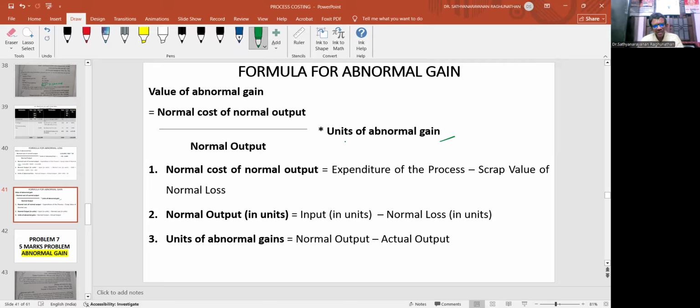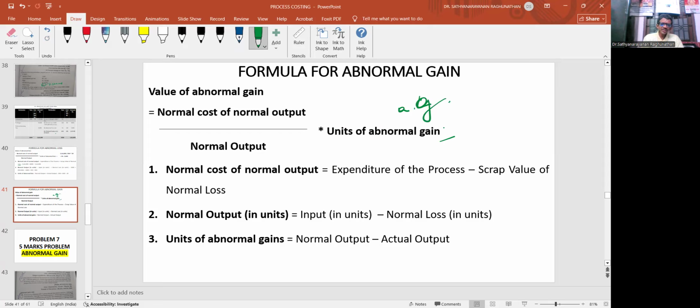In the abnormal loss, normal cost of normal output divided by normal output, the numerator and denominator are the same. But in the place of abnormal loss, here it is abnormal gain.